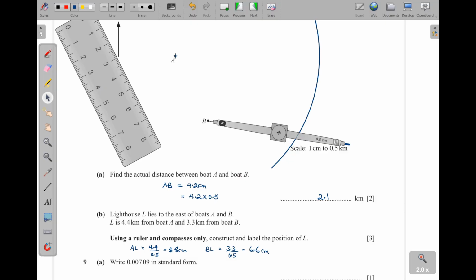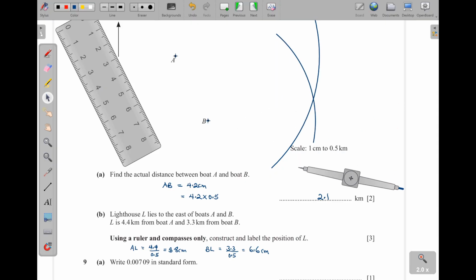Okay, then we stretch it to reduce it to 6.6. I think you can see the 6.6 in the compass. Then I draw an arc. Then where these two arcs meet, that is where the lighthouse is.